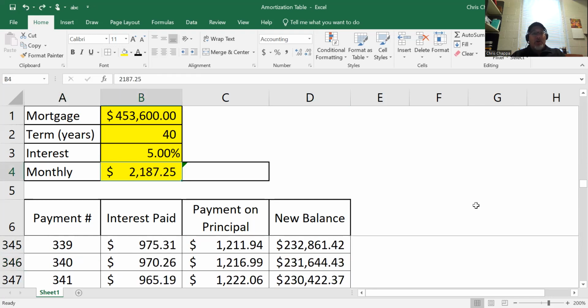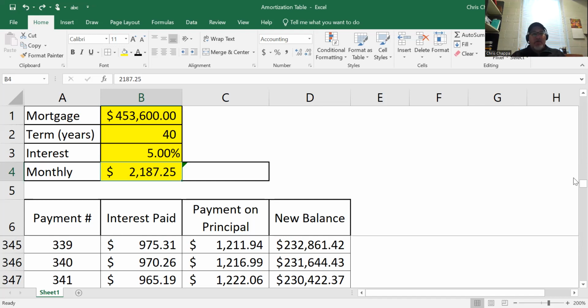But if we took actually 40 years to do this with the monthly payment that they give us, $2,187.25 times 40 years is 480 payments is $1,049,880.